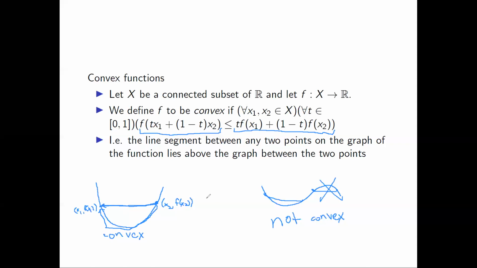And for both of these sides, we're only looking at the y values in that graph, so we're ignoring the x values. The x values will be t x1 plus (1 minus t) x2 for t ranging from 0 to 1.